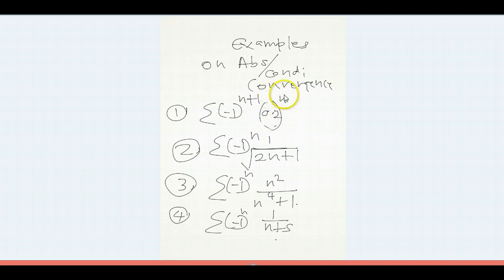So the remainder part is 1 over 5 to the n, and because we have 5 to the n in the denominator, that will go to 0 and decrease. Therefore, by AST, the series itself is convergent. So step 1 is convergent.